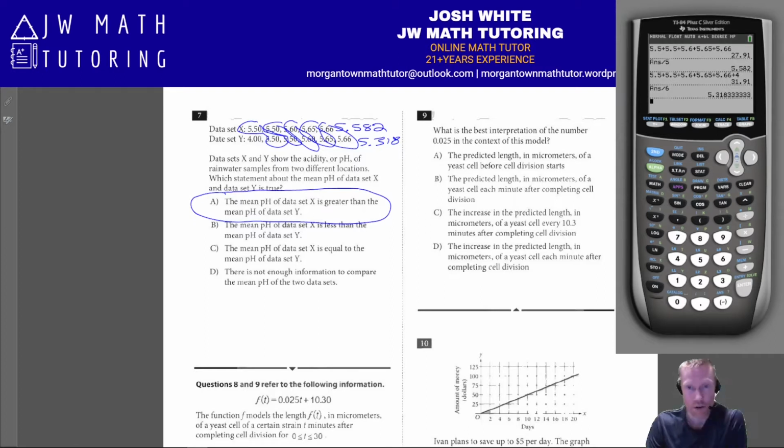All right, now you can do this problem without actually doing these calculations, based on what I just noticed, which is that dataset Y has every single value from dataset X, but it adds one more value, and that value is much, much lower than all of the others. In other words, all the other values are like 5.5 to 5.66, which are pretty close together.